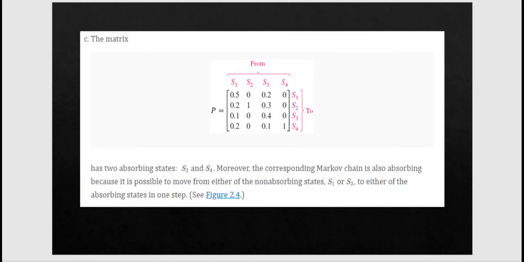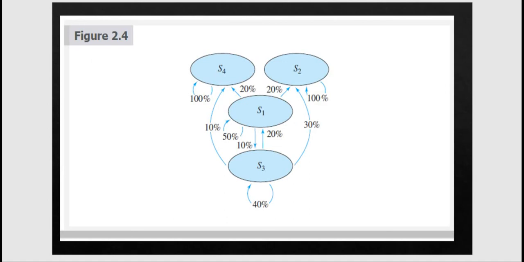And here's another example. Again, now here S2 is the absorbing state. So let's look at the diagram. So I can go from S1 to S2. I think S2 was the, yes, S2 is the absorbing.